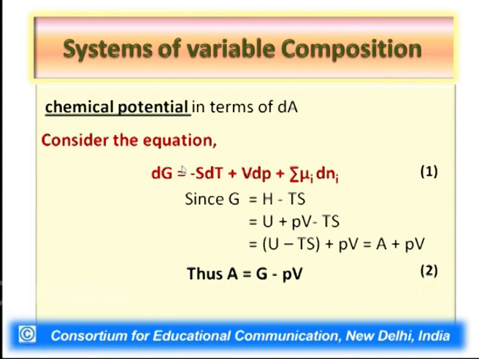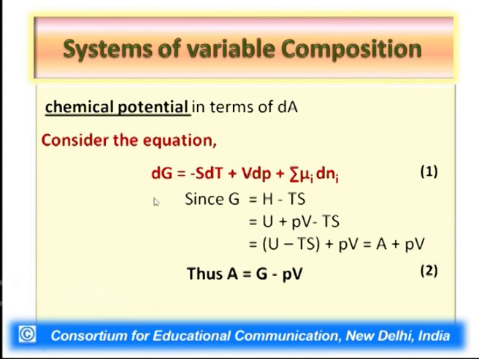So, to define chemical potential in terms of change in Helmholtz free energy, let us consider the equation dG equals minus SdT plus VdP plus summation mu i dNi. This is one of the fundamental equations for a system whose composition may vary as a result of some process during its change in state.